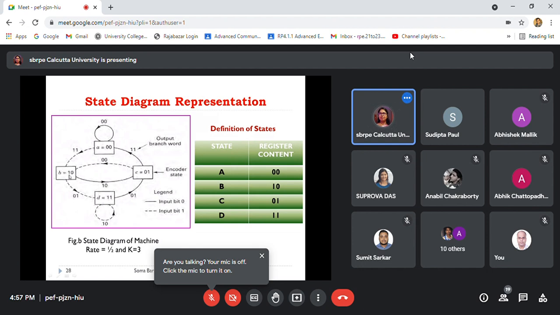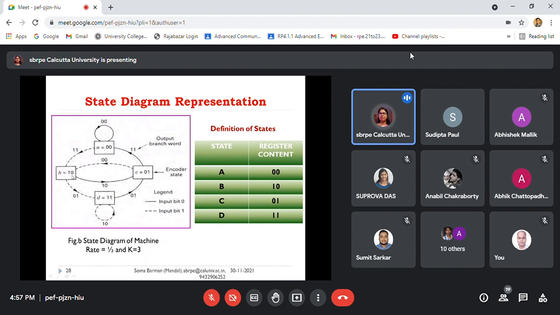So now the state B will transit from 1 0 to 1 1 if message bit 1 is coming. So B transits from state 1 0 to state 1 1 for the input bit 1.